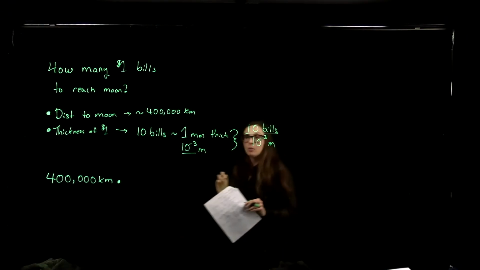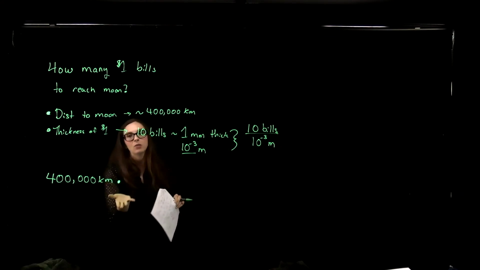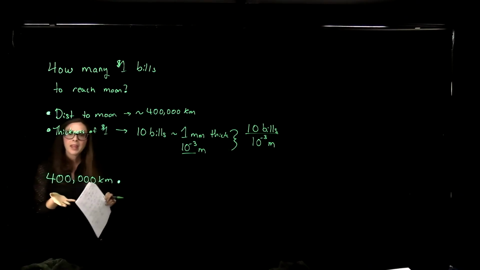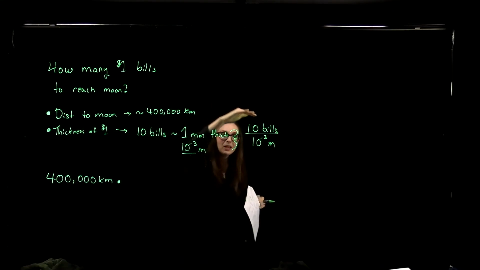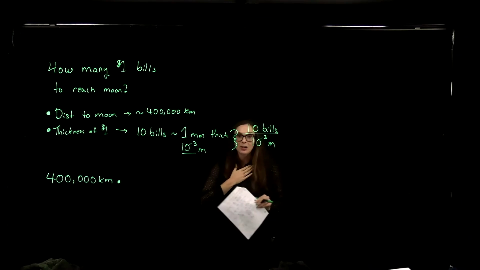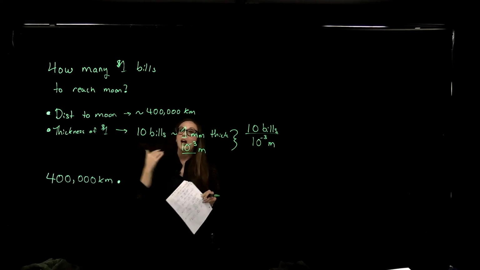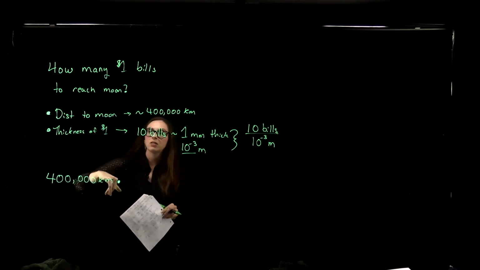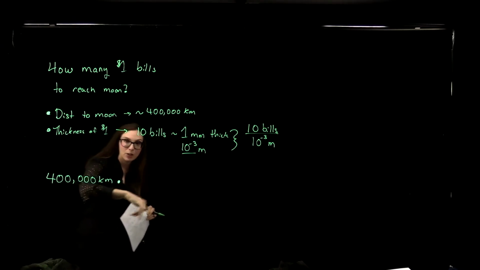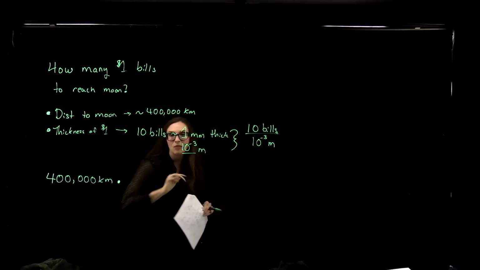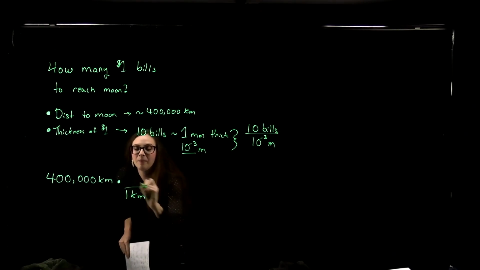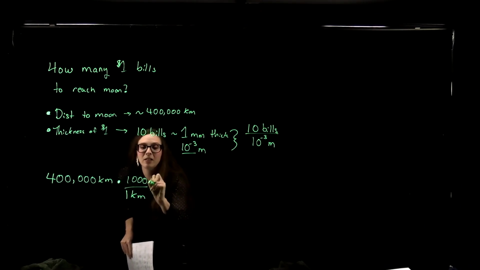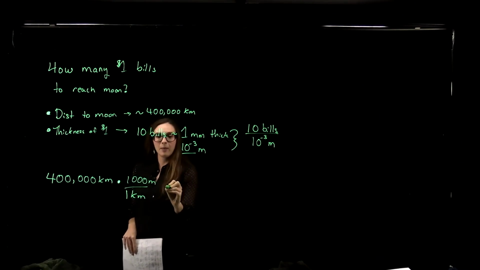So I'm going to start with my 400,000 kilometers, and I've got 10 bills per 10 to the minus 3 meters in my conversion factor. First I'm going to convert my kilometers into meters, which will make it easier. I know that 1 kilometer has 1,000 meters. That's 10 to the 3 meters.